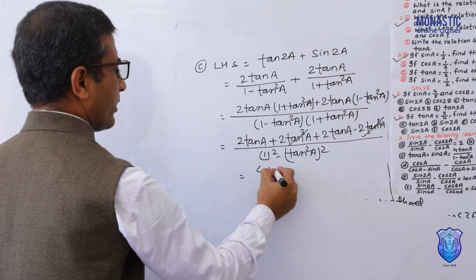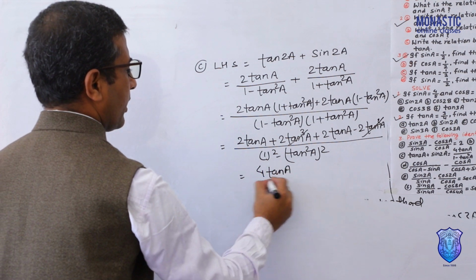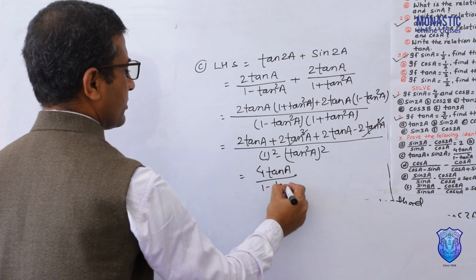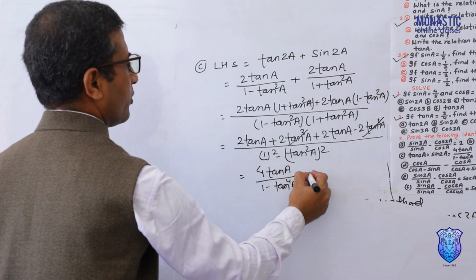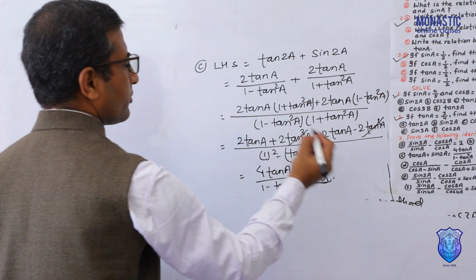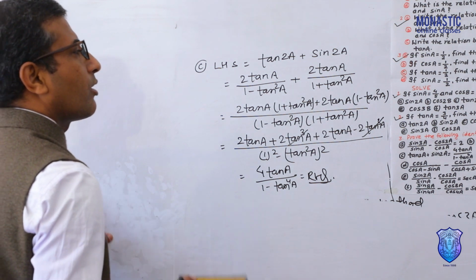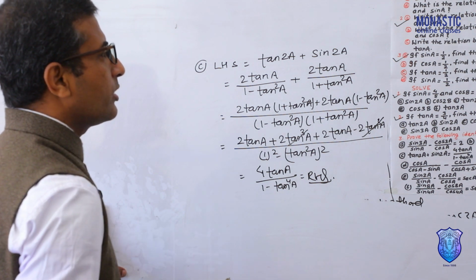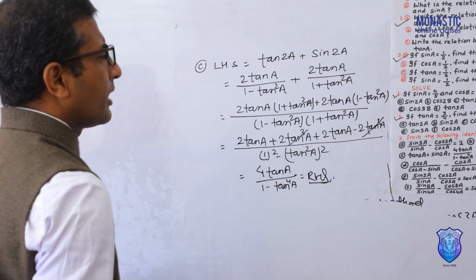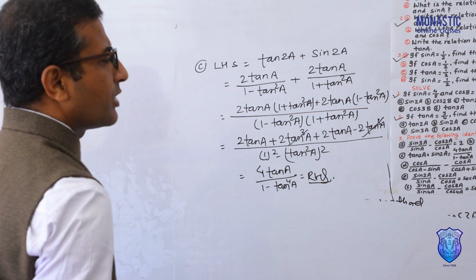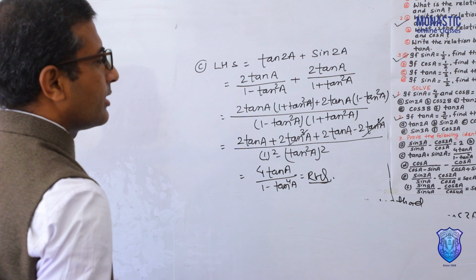That is 4 times tan A by 1 minus tan to the power 4 A. What have we done in this question? We have written the formula of tan 2A and sin 2A in tan. Then taking the LCM and simplifying, we got the final result.